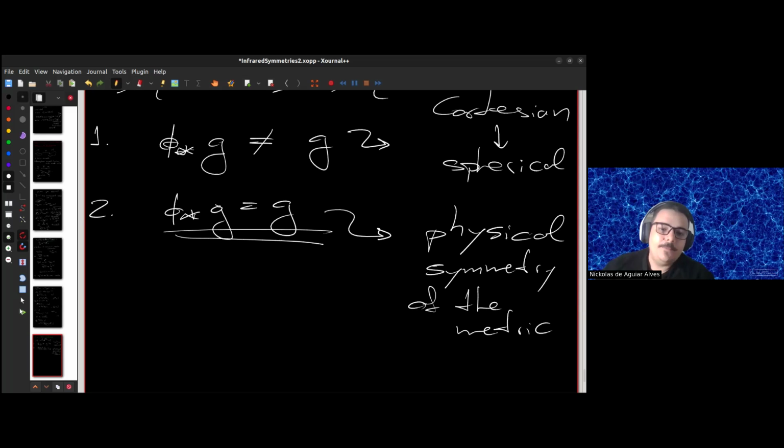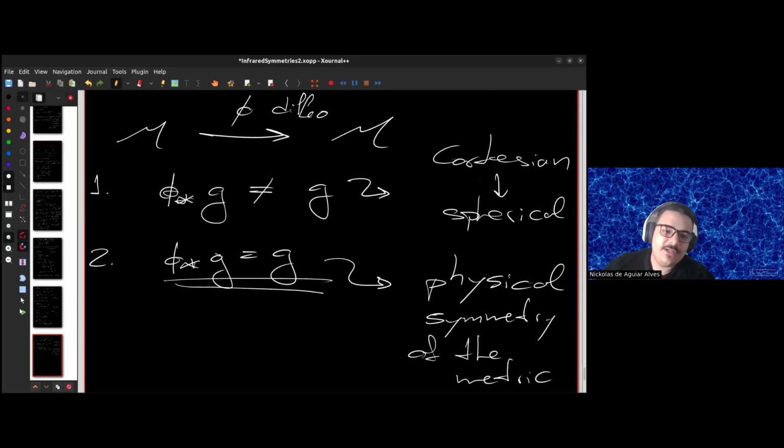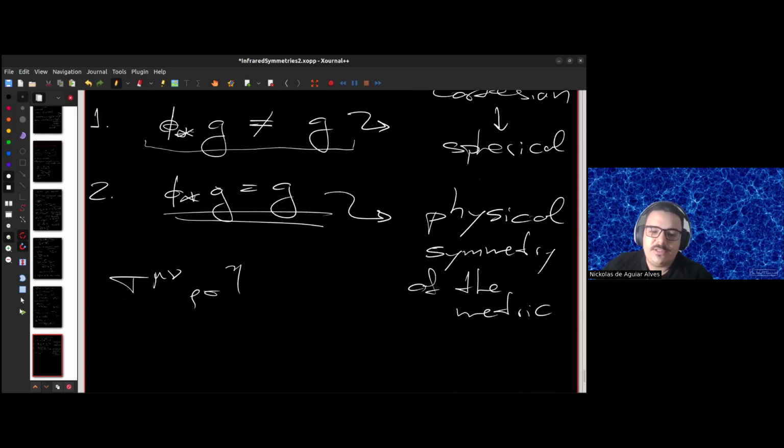So this guy here, it preserves the background spacetime, but it can change the tensor fields. And typically what this means is that, for example, if you had some tensor components, T, mu, rho, sigma, eta at some point, you will still have these components, but at someplace else. So things have changed in this sense.